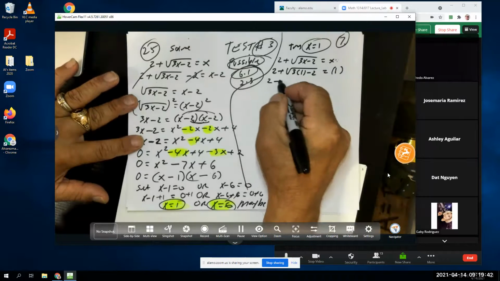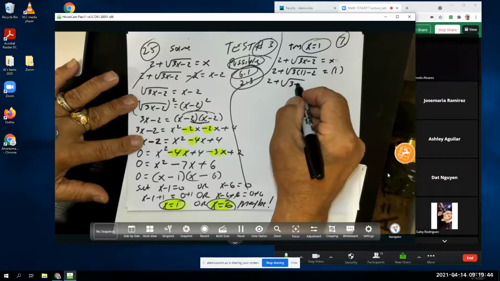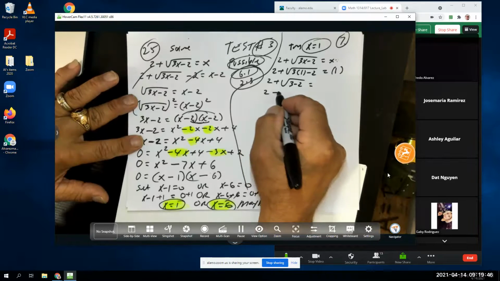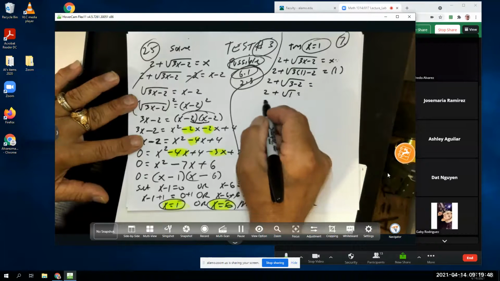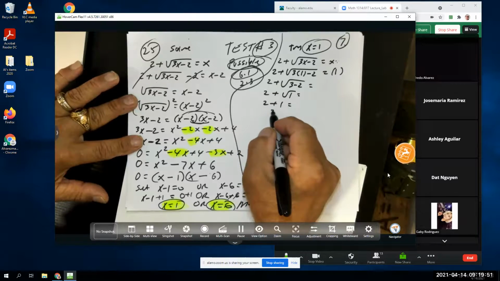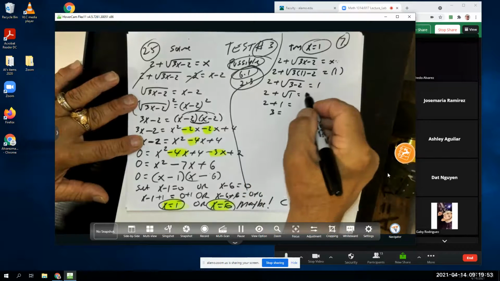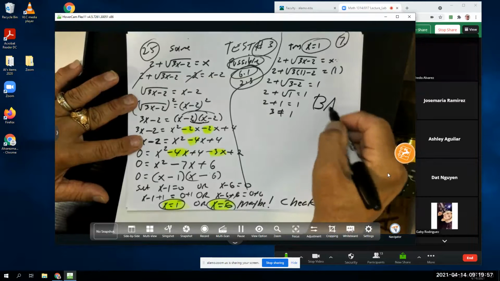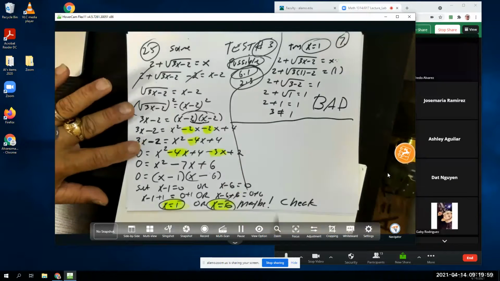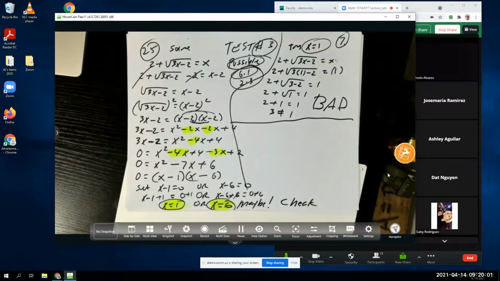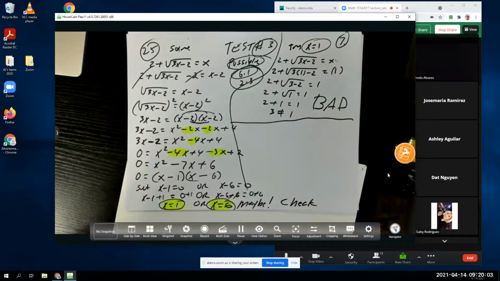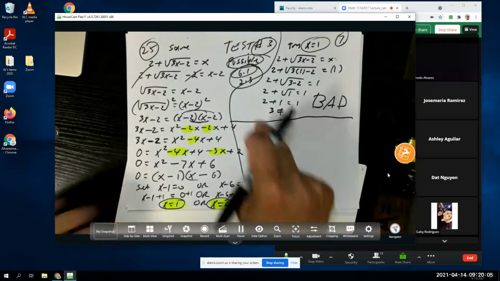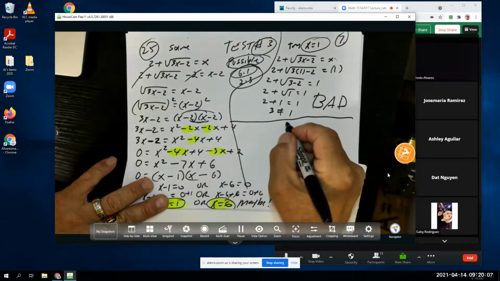Let's do it. 3 times 1 is 3 minus 2, and that's going to be square root of 1. And that's going to be 2 plus 1, that's going to be 3. Oh, man, look at that. No way. Bad. It's wrong. It didn't work. Send it back to the manager. The Whataburger order is wrong. They didn't put my toasted bread. It doesn't work.